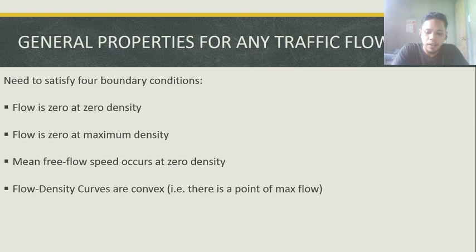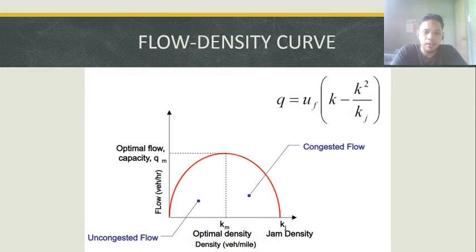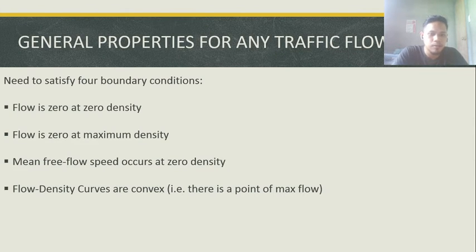Next, flow is 0 at maximum density. As we have tackled here, if the density is maximum, the flow is 0, and also when density is 0, the flow is also 0. So it is true for both statements.